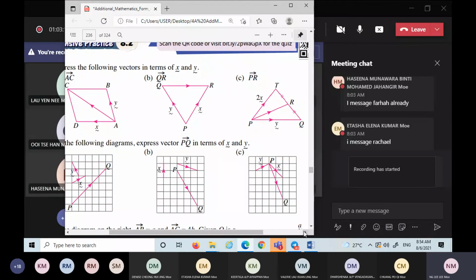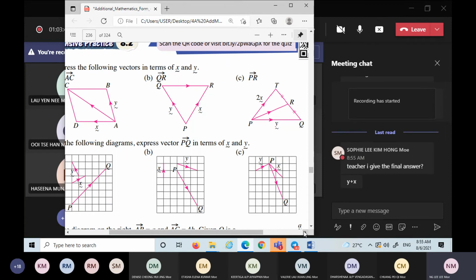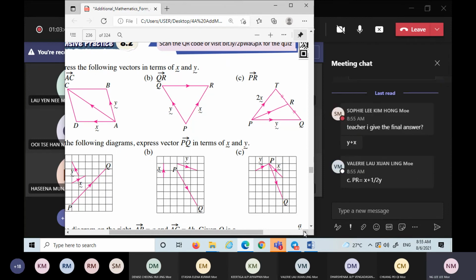Okay, express the following vector in terms of x and y. A is AC. Give the final answer in terms of x and y, don't want the capital A, B, C. x plus y, correct?